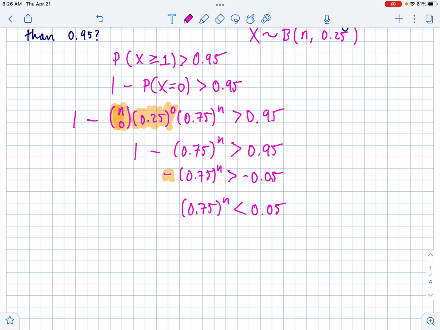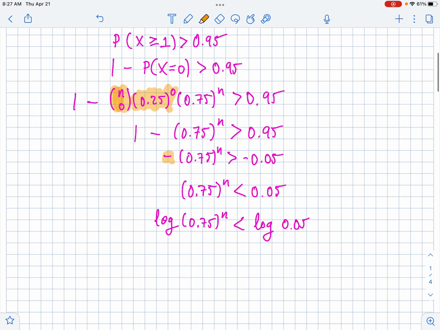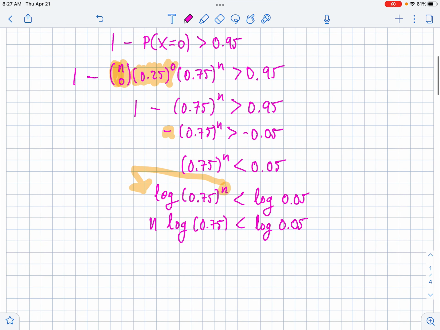So we need to figure out what value of n makes this whole thing true. To keep getting n by itself and go for a pretty exact answer, we're going to take the log of both sides. Anytime you have a variable in a power spot and you need to get it out, you can log both sides. Then there's a property of logs where this n gets to come out in front. So this is n log 0.75 is less than log 0.05.